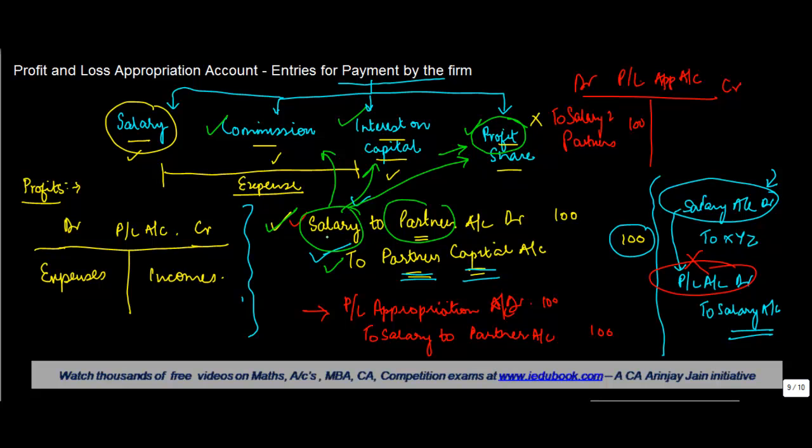Then to transfer this to the P&L appropriation account, you debit the P&L appropriation account and you credit the salary to partners account. You post this particular entry in the P&L appropriation account. Right? So that's how this P&L appropriation works for payments made by the firm.